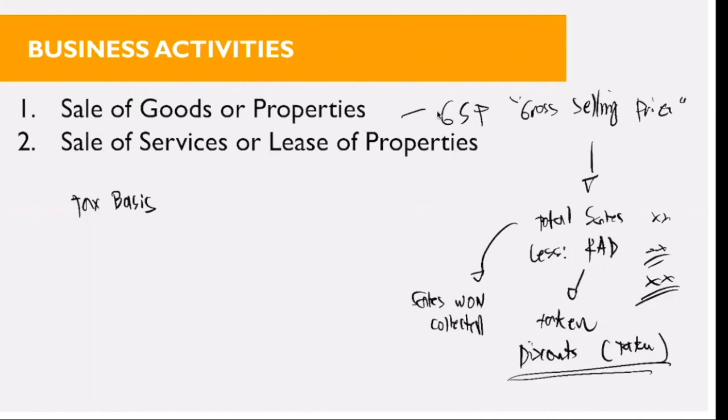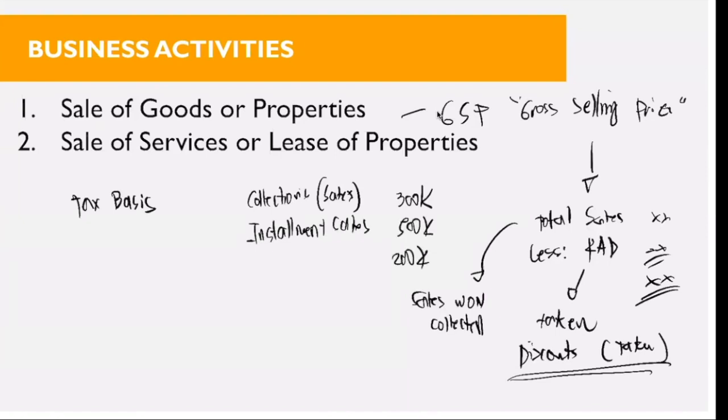So for example, let's say cash sales of 300,000 pesos, and then installment sales of 500,000 pesos.